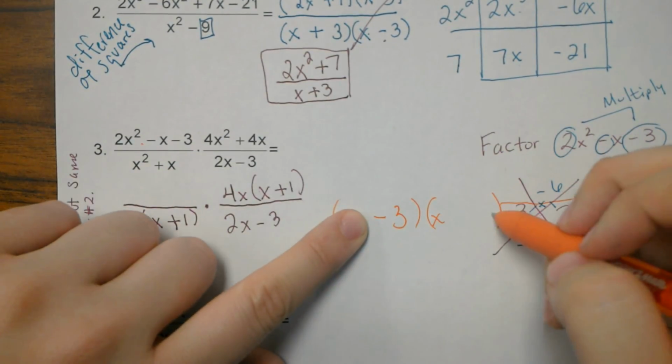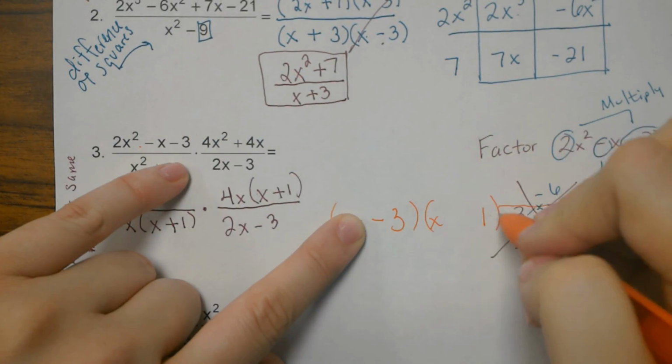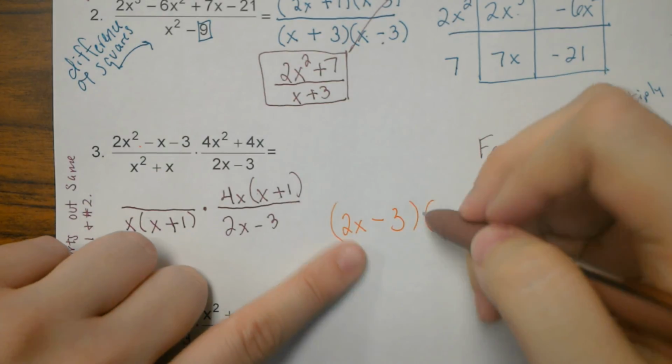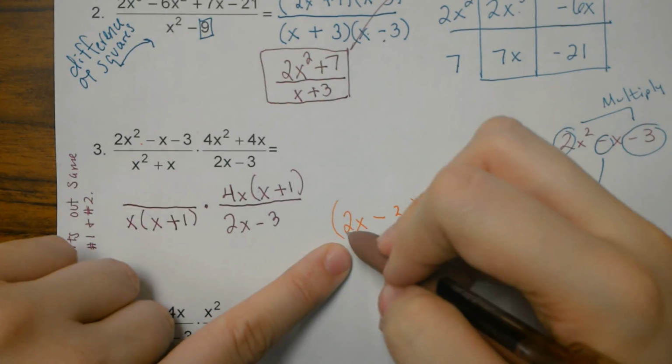My last two numbers have to multiply to give me negative 3, so negative 3 times a 1. When I FOIL this out, that's going to give me 2x squared minus 3x plus 2.